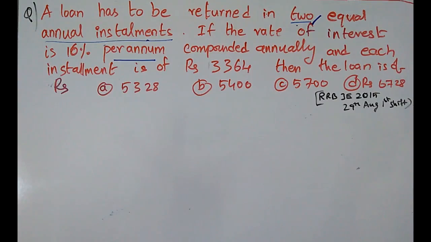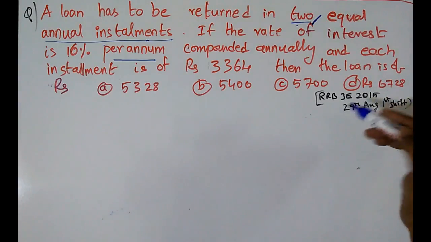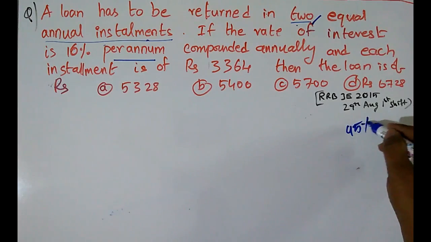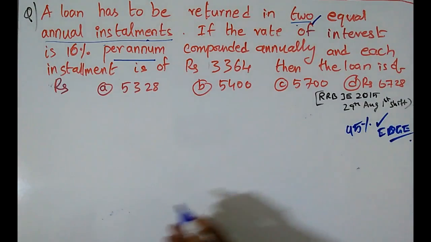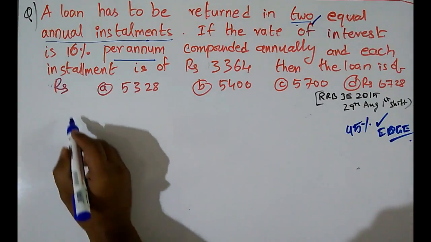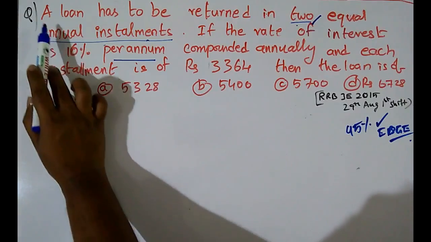Friends, installment problems are an advantage for you, because these problems are usually left by 95% of the people. But if you do this kind of problem, it will fetch you an edge over your competitors, friends. Okay, let us get into the problem.